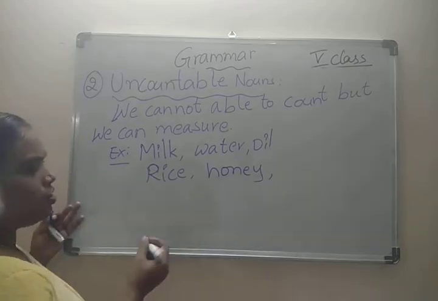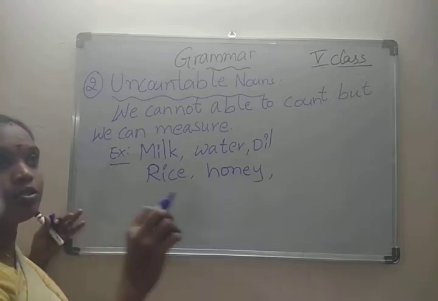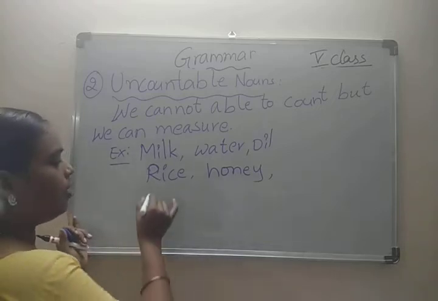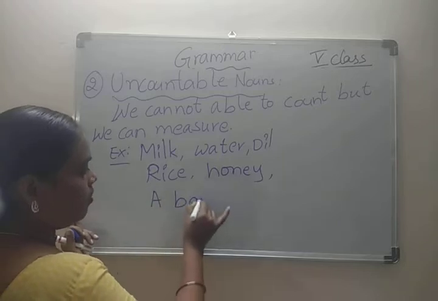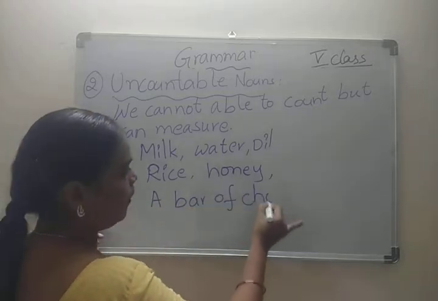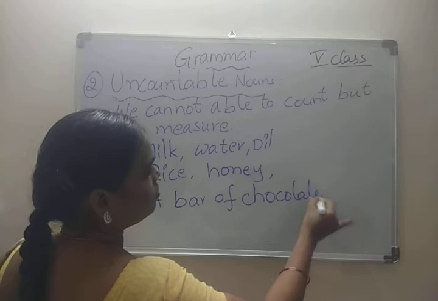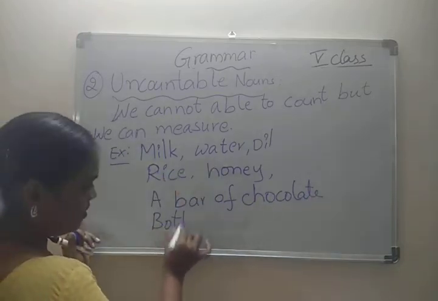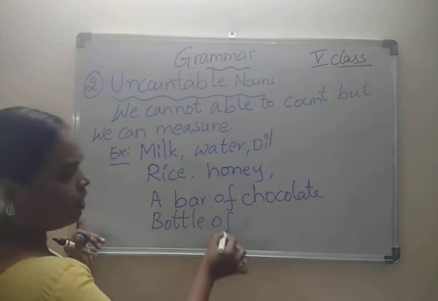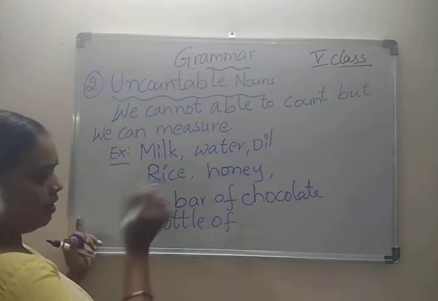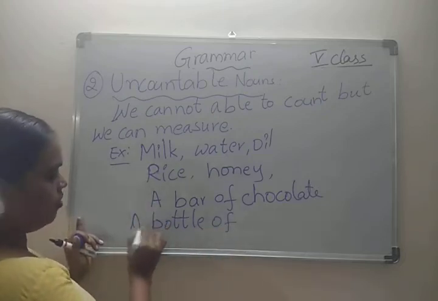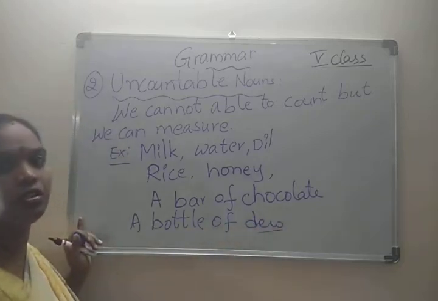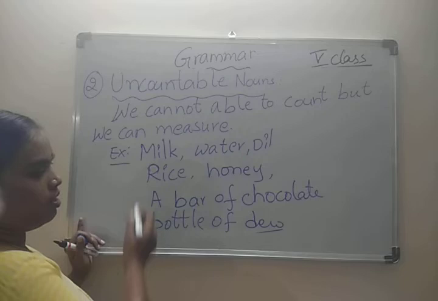And chocolate. Madam, those we can count, like Dairy Milk there. So how can you say that? A bar of chocolate. So now, a bottle of milk or a glass of milk. A bottle of dew, yes, a liquid.